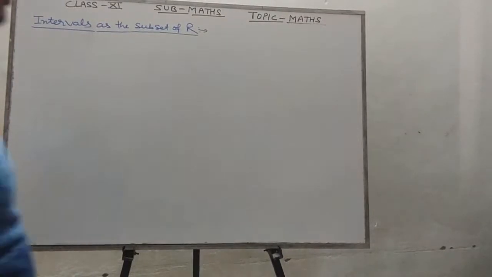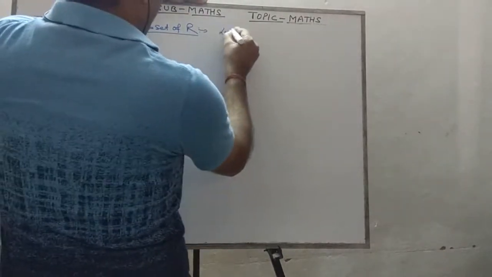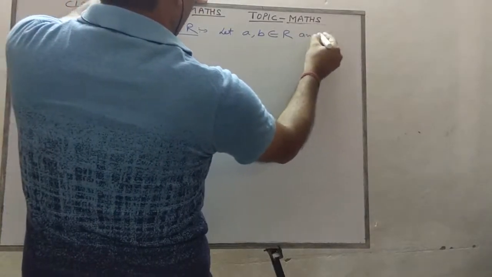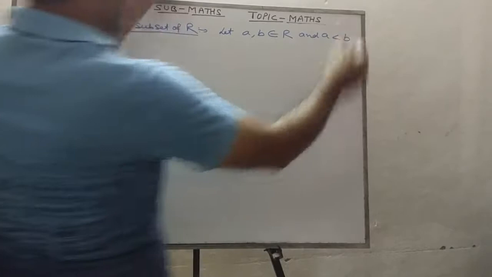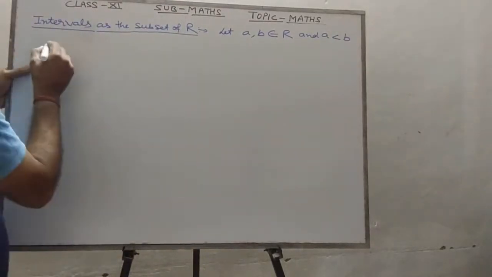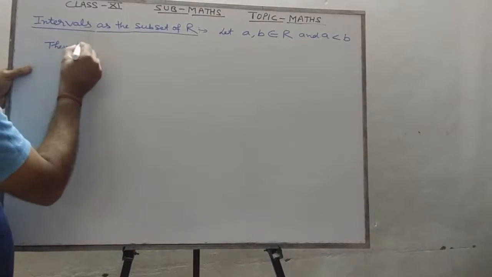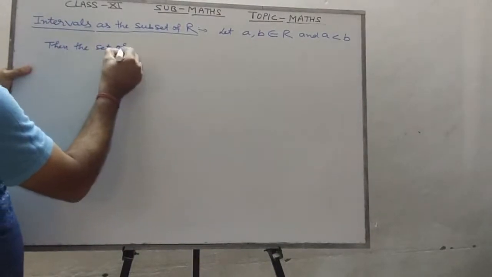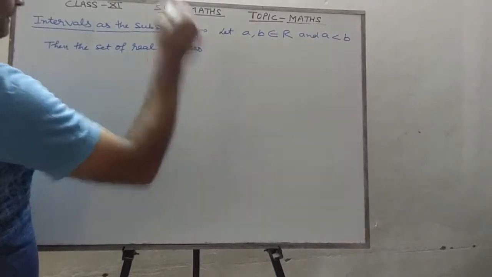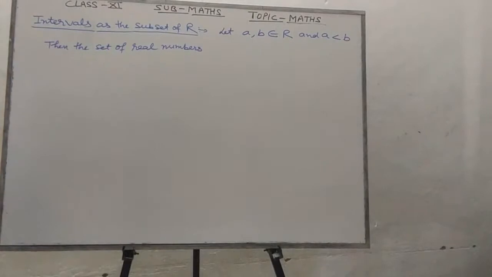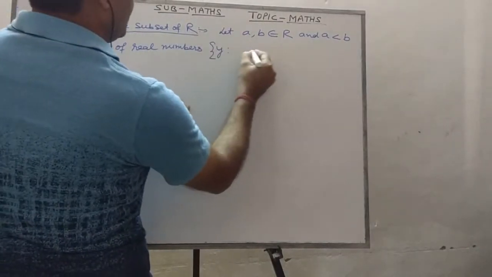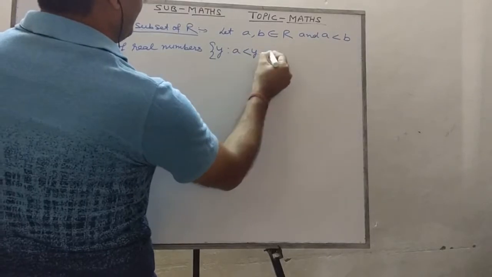So let a, b belong to R, two elements of R, and a is less than b. Then the set of real numbers y such that y is greater than a but less than b.